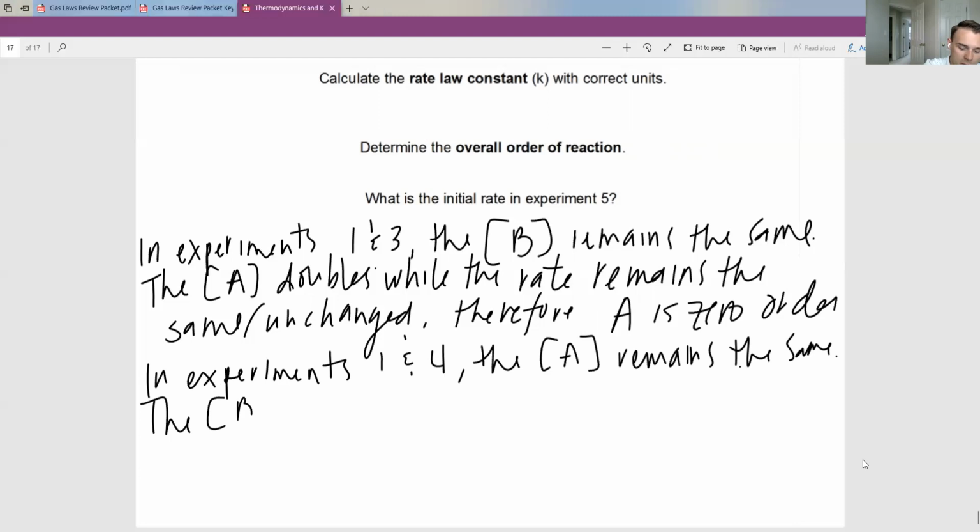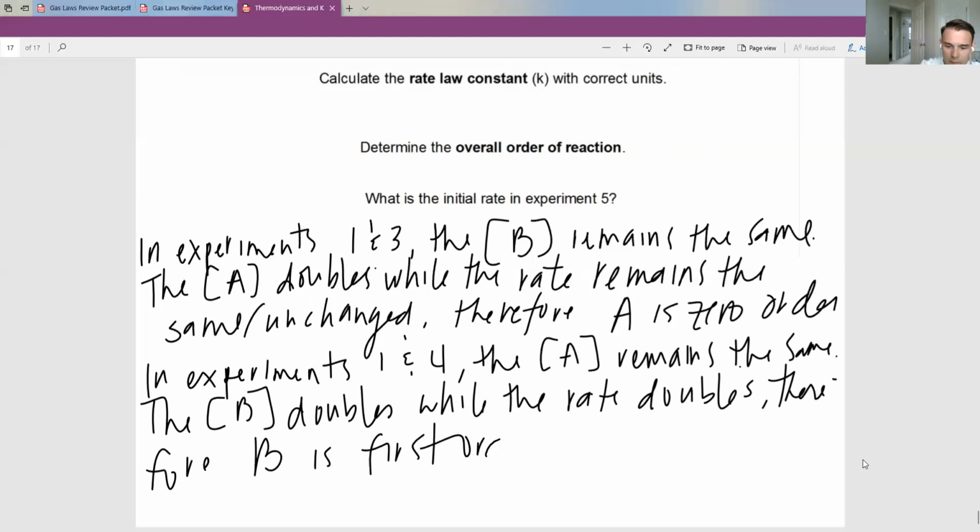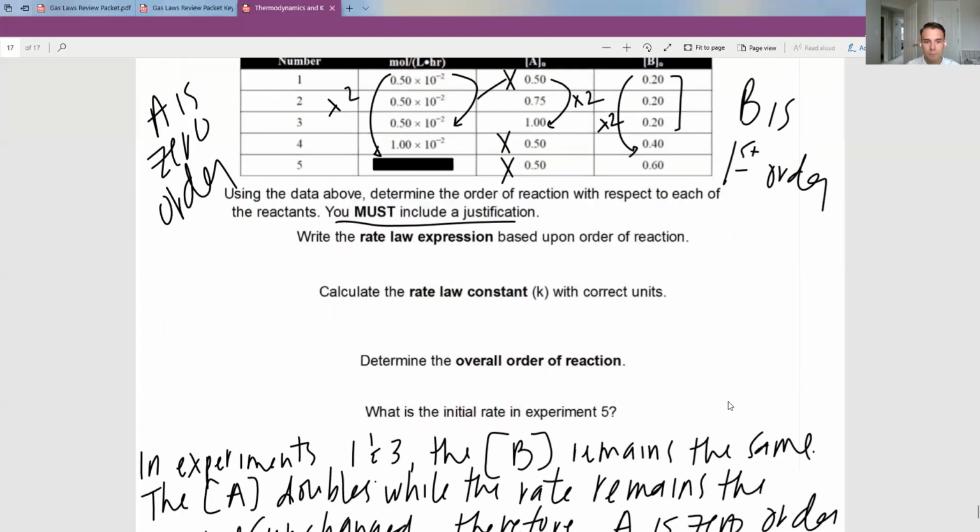The concentration of B doubles while the rate doubles. Therefore, B is first order. Those are my justifications for this. Okay, so pause so you can write that down. I'm going to go back up and finish the problem.